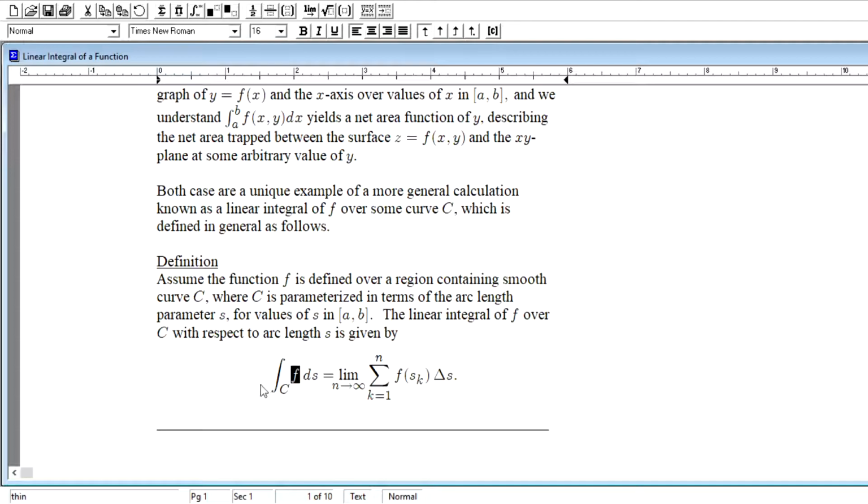And what all this means is we formally understand the single integral operator coming from our Calculus 1 understanding and the definition of the definite integral.